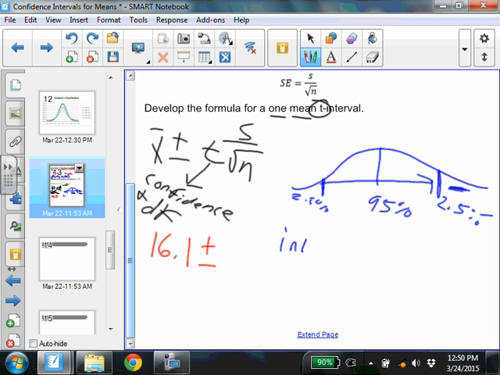So if I use inverse t, let me go into second distribution. I'm going to go down to inverse t. And I'm looking for 0.975 of the data to be to the left. But if I'm using a t distribution, once again, it always needs to know the what? Degrees of freedom. How many degrees of freedom do we have? 35. And you can see it comes up with a t-score of 2.03.